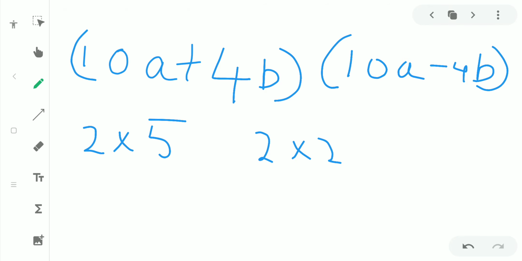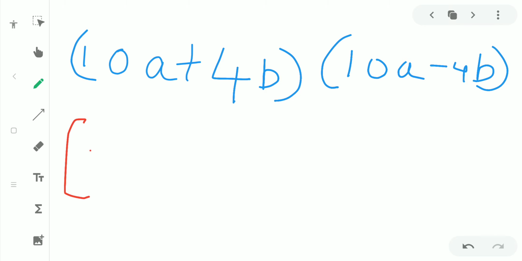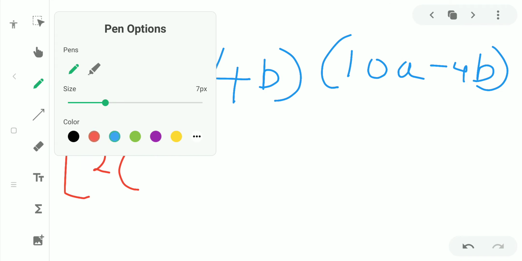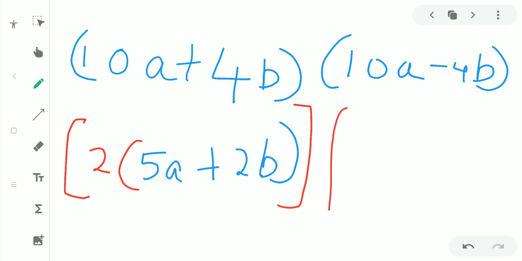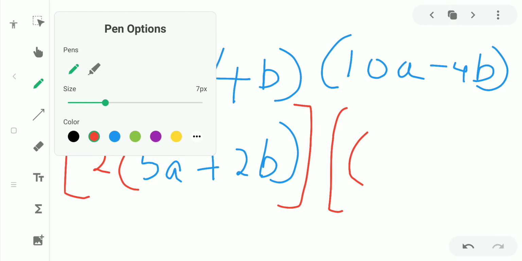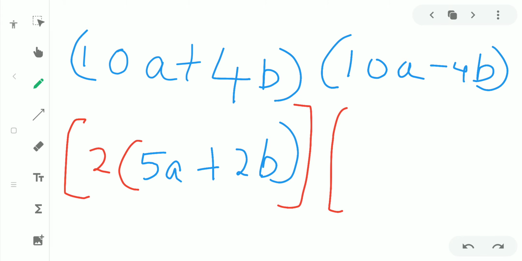So if I take 2 common from here, here 5 is remaining and here 2 is remaining. So taking 2 common, the remaining part will be 5a plus 2b times, here also I can take 2 common.